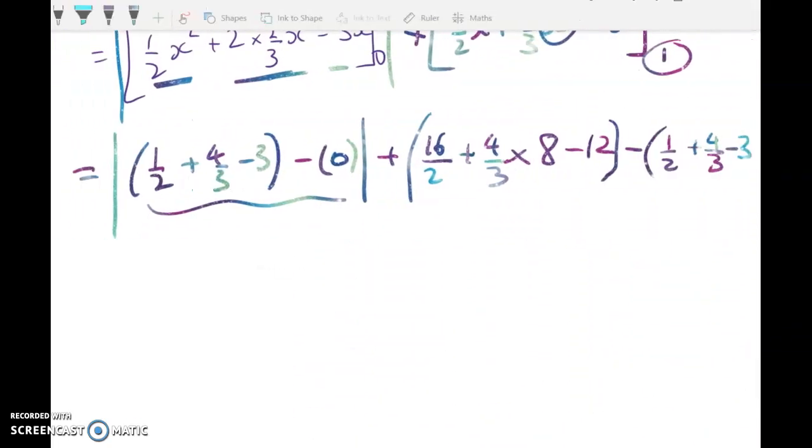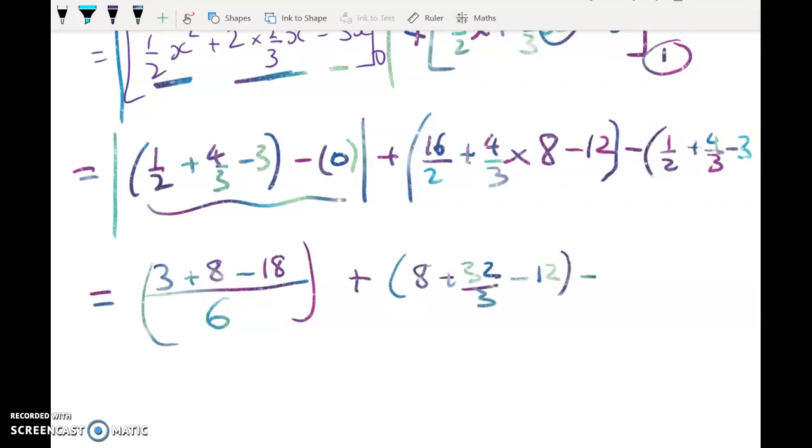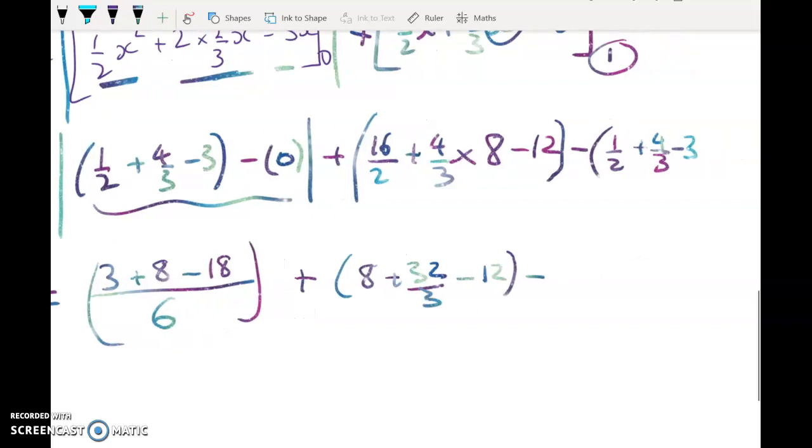Right. Okay. So just going back to the integral, all we've got to do is collect up our fractions. I know some of you are going to use your fraction buttons on your calculator. I can't cope with that. So we've got 3 over 6 plus 8 over 6 minus 18 over 6, plus 8 plus 32 over 3 minus 12, minus this thing here.